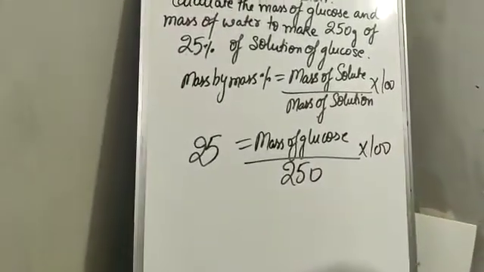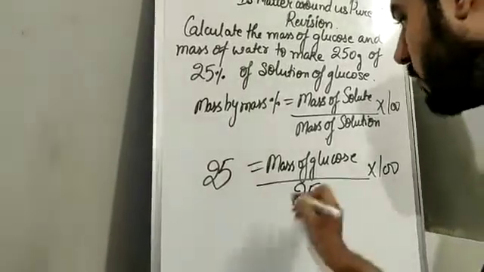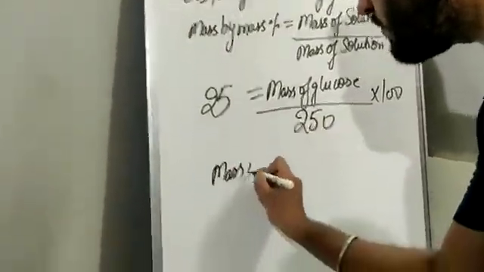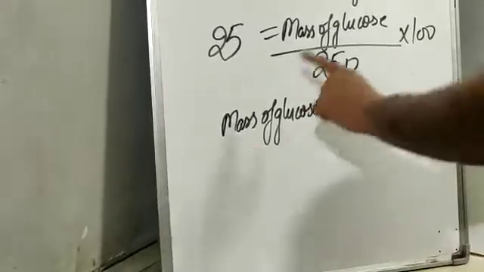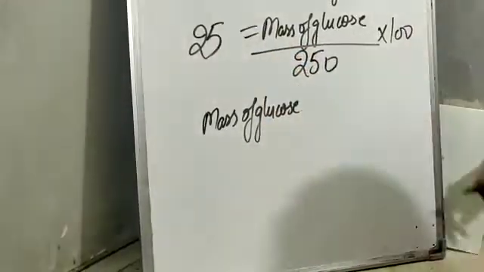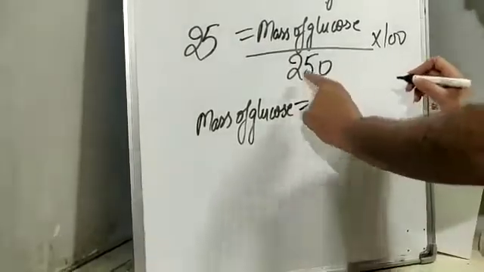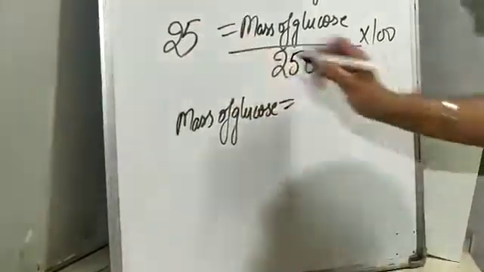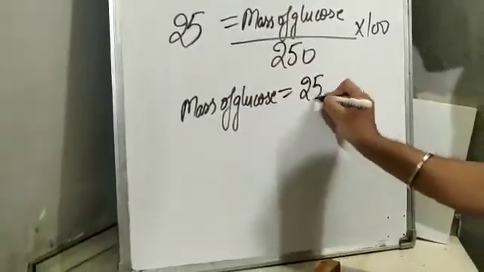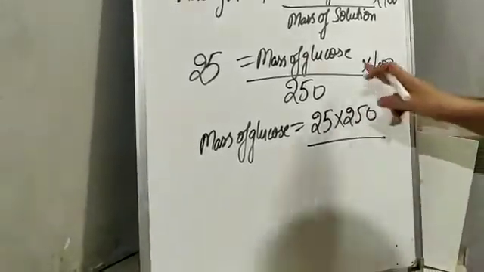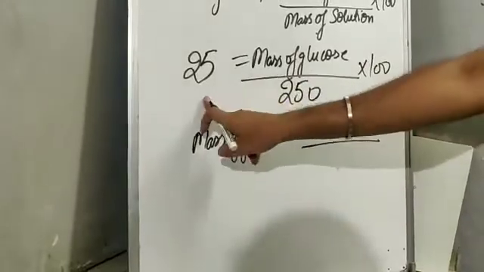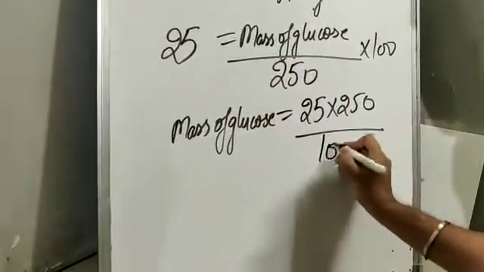Okay. Now if you want to calculate mass of glucose, keep this on one side and all the numerical values on one side. So this 250 will be multiplied by 25 on the other side, upon this 100 will come here in the division.